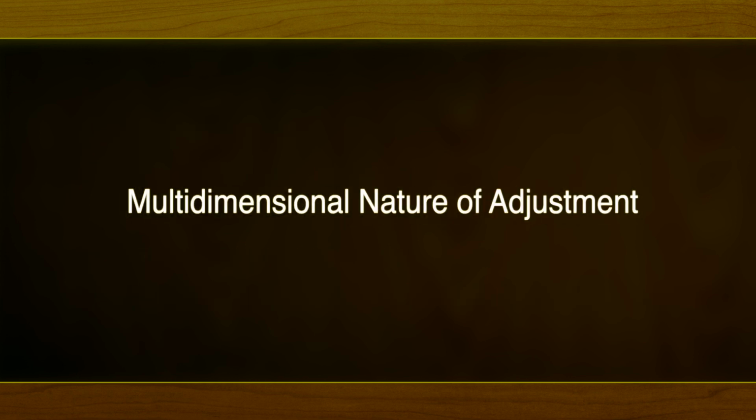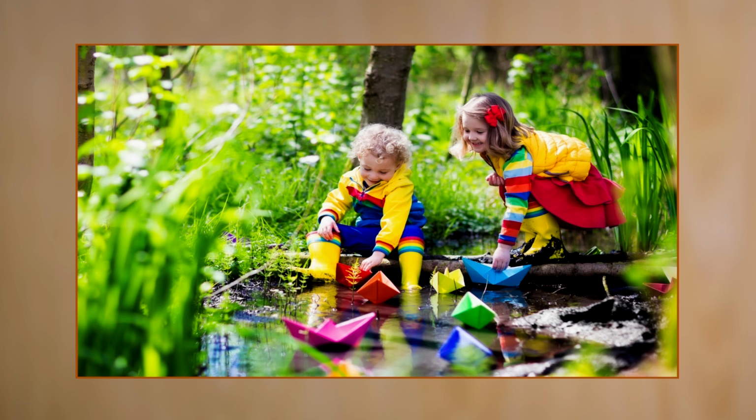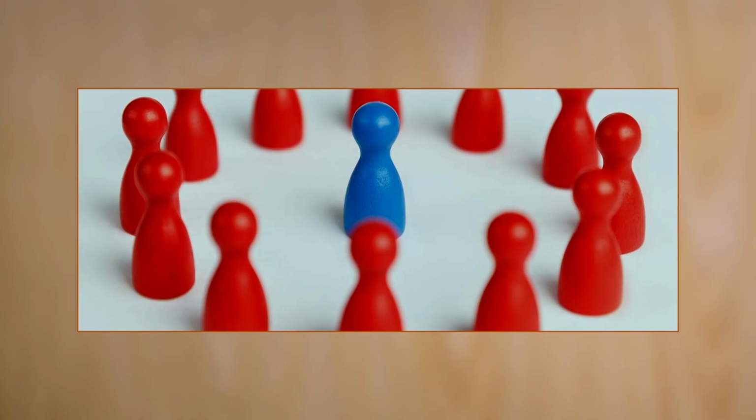Now, let us have a look over the multidimensional nature of adjustment. The concept of adjustment was originally biological and was concerned with adaptation to physical environment for survival. Adaptation to physical environment is, of course, a person's important concern, but he has to also adjust to social pressures and demands of socialization that are inherent in living independently with others.